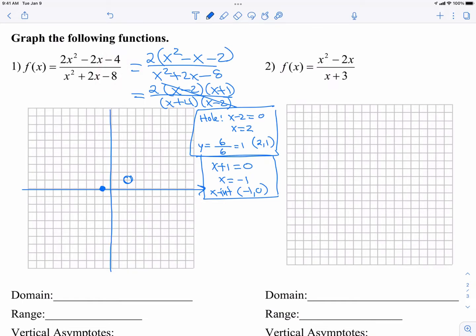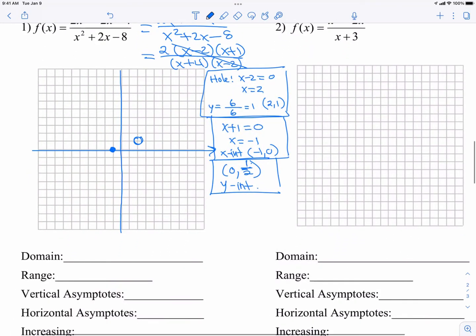So we're going to have a y-intercept of 0 comma 1/2. 0 comma 1/2 is our y-intercept. All right, let's go ahead and put that on the graph. 0 comma 1/2 is right about in here.